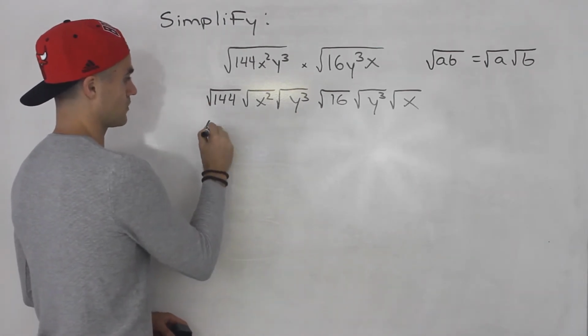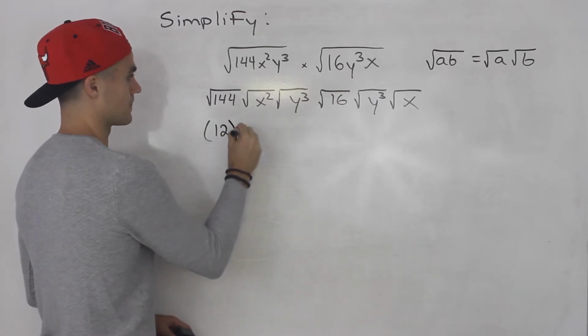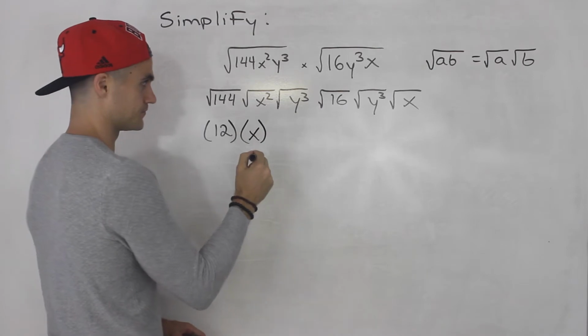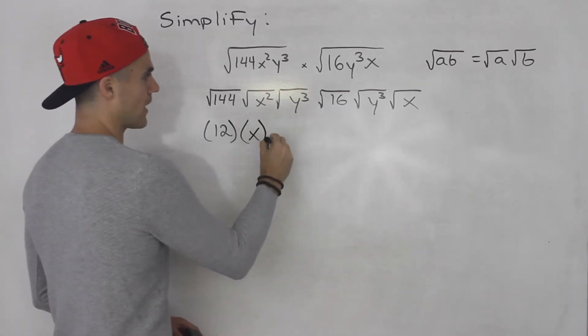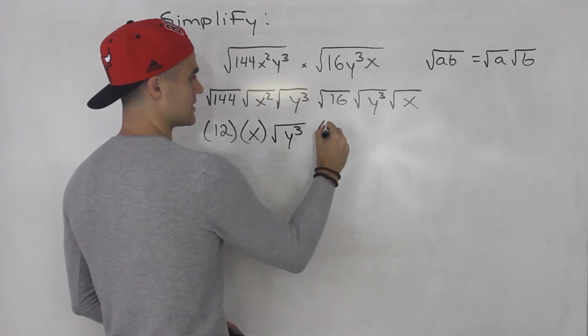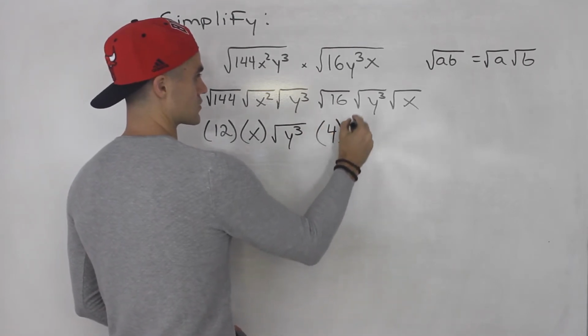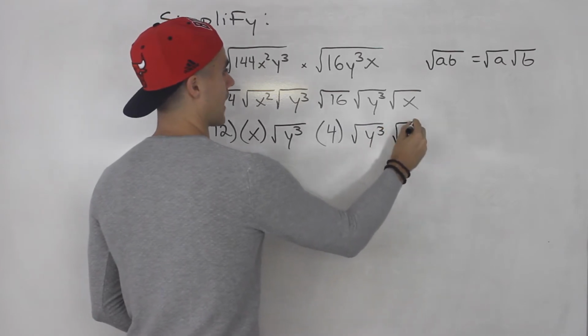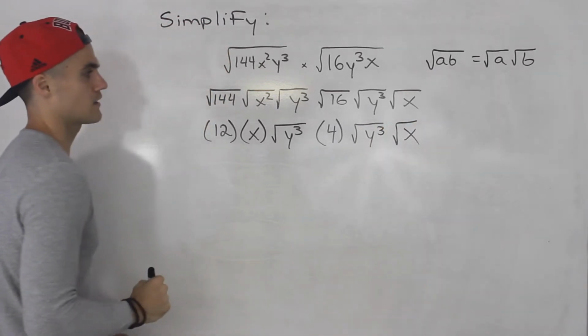Square root of 144, we know it's 12. The square root of x squared is just x. The square root of y cubed, let's actually come back to that. Let's leave it for now. Square root of 16, that's 4. Square root of y cubed, let's leave that again. And then the square root of x, can't simplify that any further.